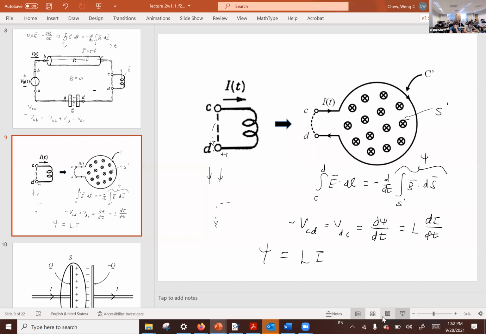So if we plug in the flux linkage phi, we easily show that phi is linearly proportional to the current, and that proportionality constant is called inductance. And then the ideal voltage-current relationship of an inductor is given by that. Any questions so far?